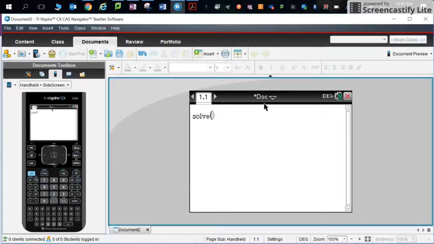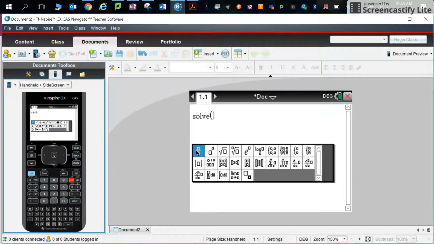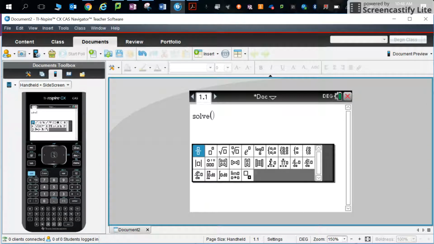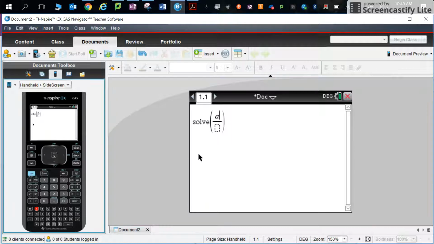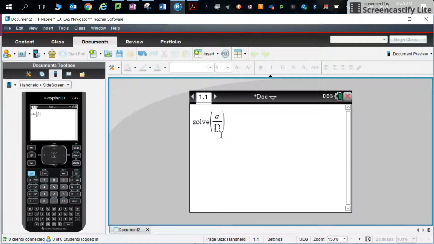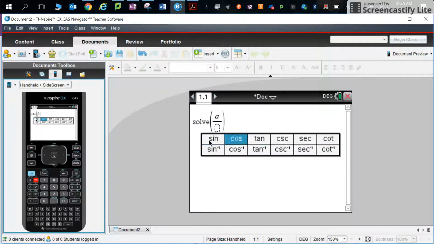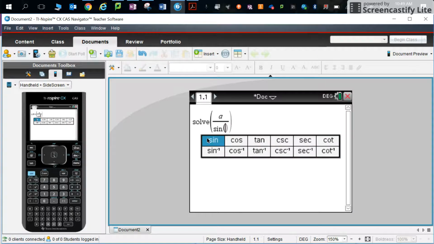And then I'm going to use this little button here to get our fraction, so you can see where it's red, to get a fraction in there. I'm going to do that first line. So I'm going to go a, sine. So we go to trig and click on sine.